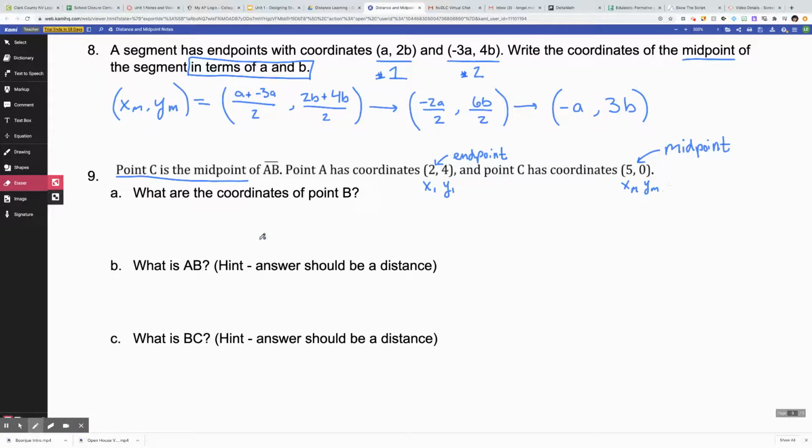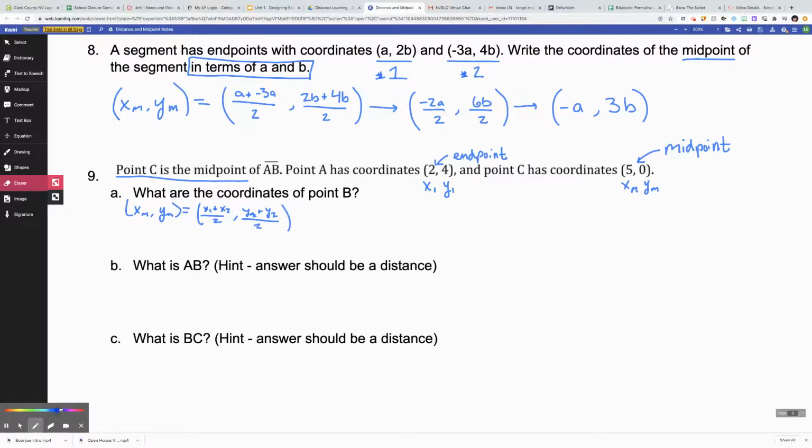Okay, so we're going to have to do some solving and we're going to have to work backwards a little bit. Okay, so remember, your midpoint formula is xm, ym equals x1 plus x2 over 2, comma, y1 plus y2 over 2, okay?